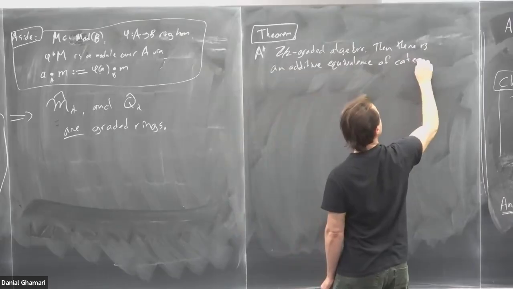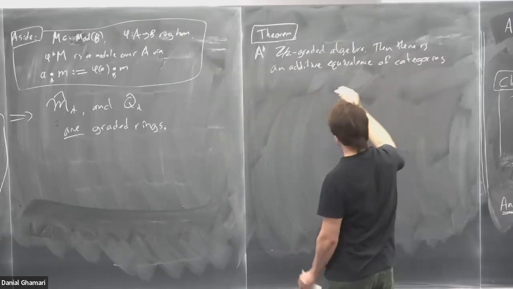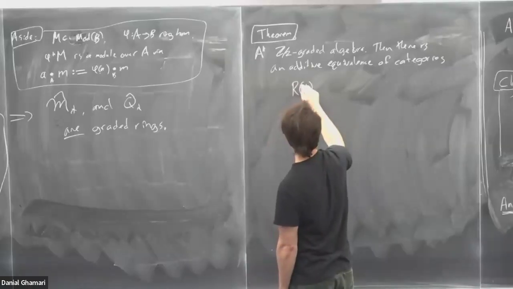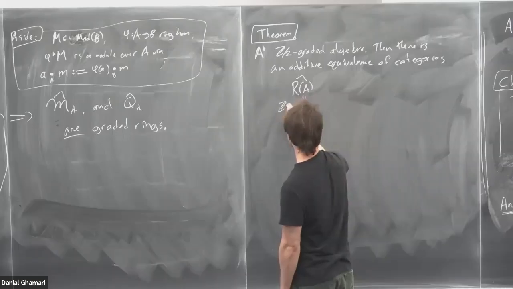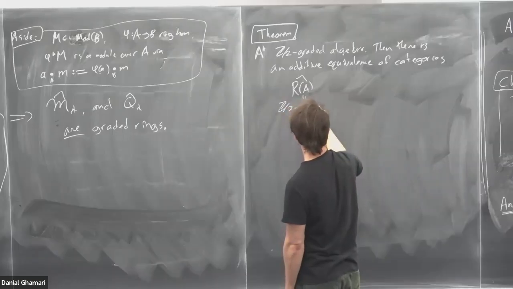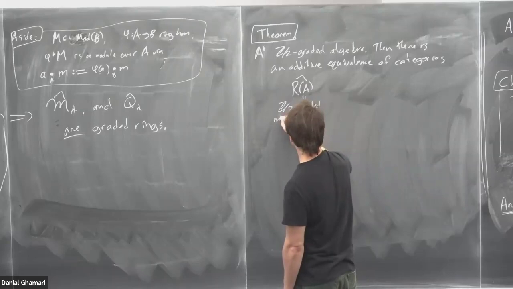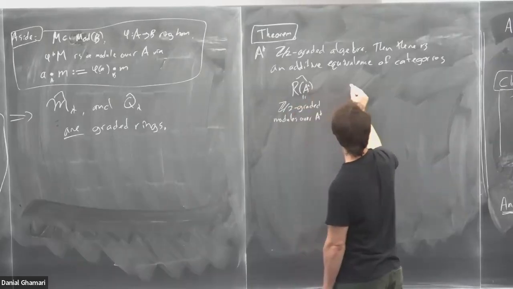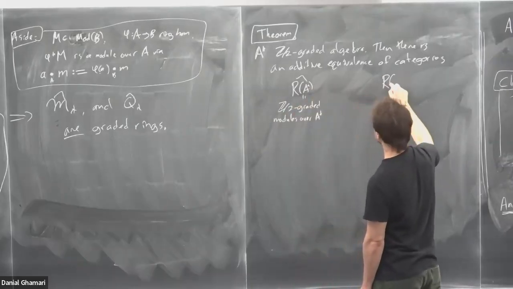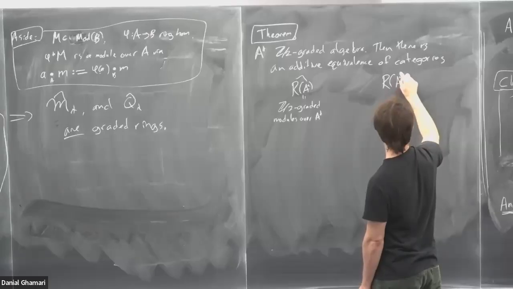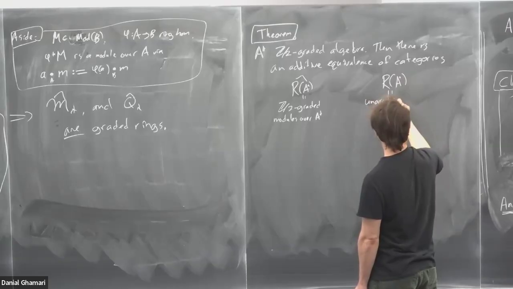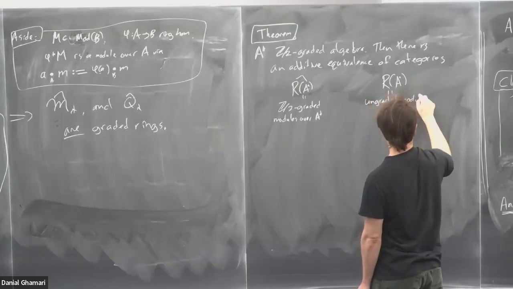I'm going to say R A hat, these are Z2 graded modules over A star. And the other category, I'm going to call R A 0. This is just ungraded modules over A0.